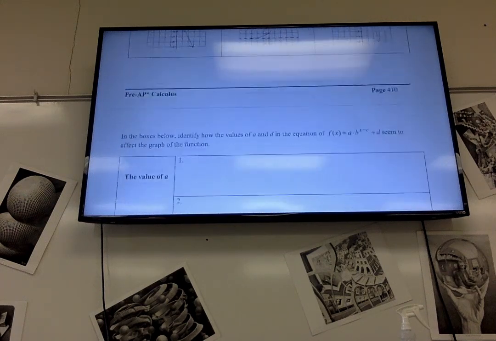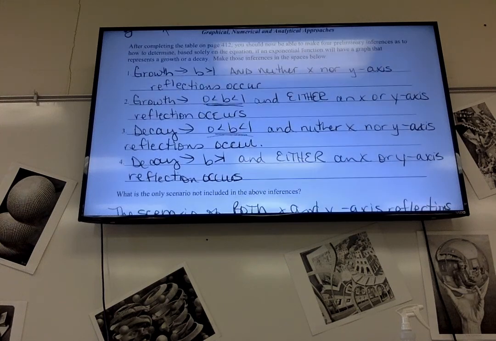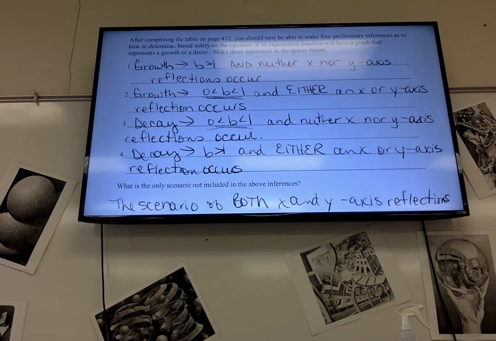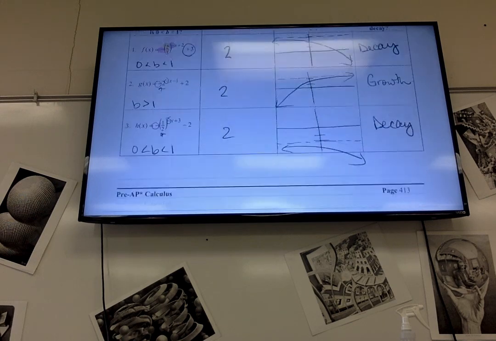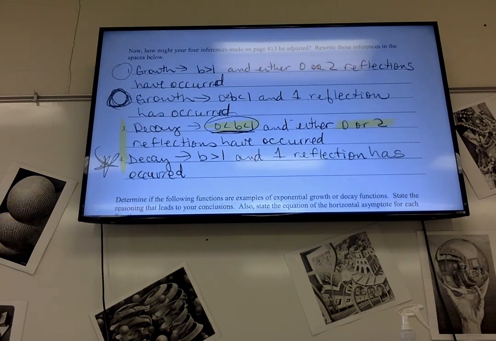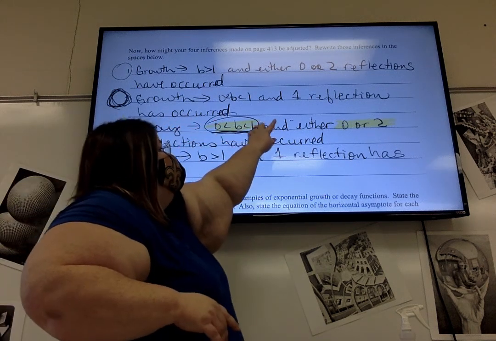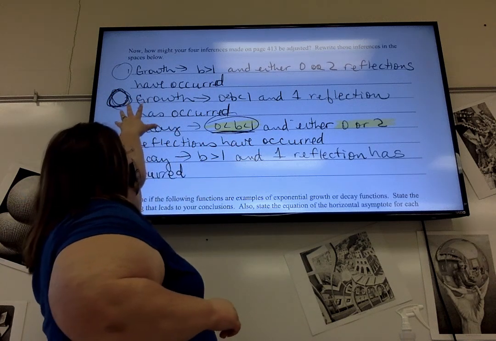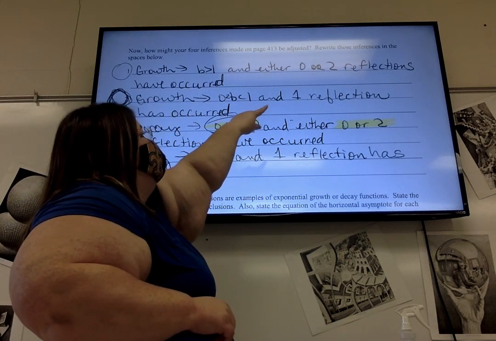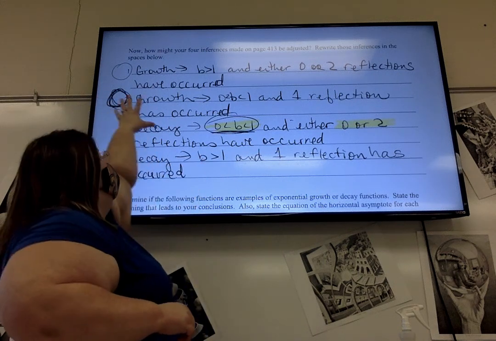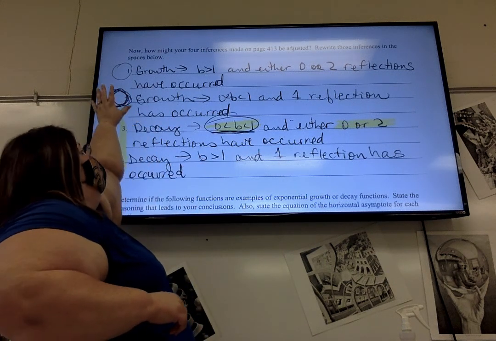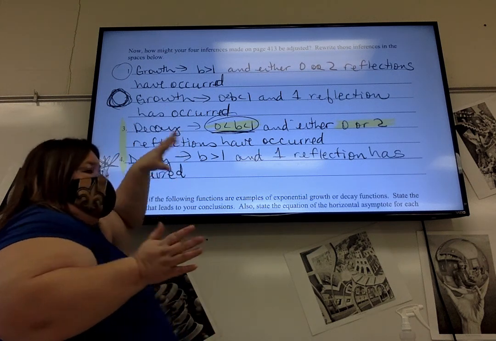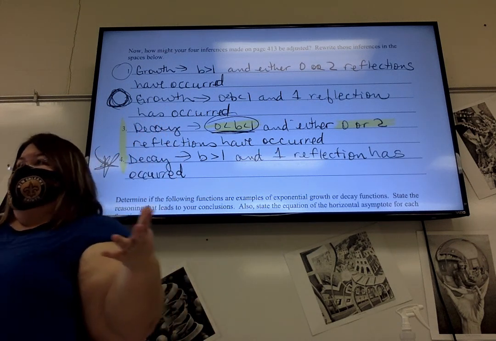There it is. So, if it's a growth and it has one reflection, it's between 0 and 1. I was thinking of decay. Yep. And if it's growth and it has no reflections or 2 reflections, then it's greater than 1. If you'll just memorize one of these, like the growth ones or the decay ones, then the other one's the opposite.